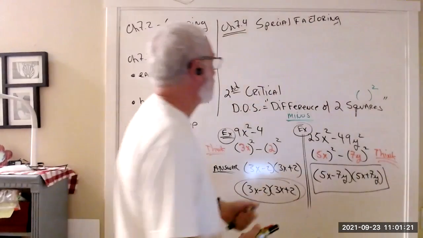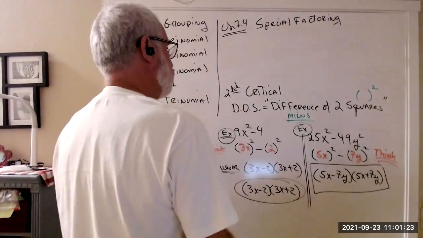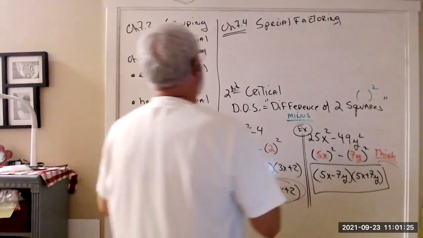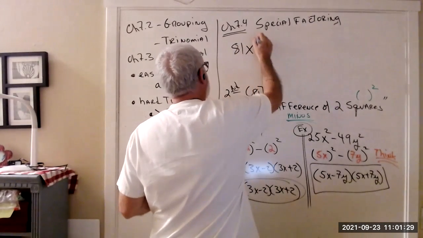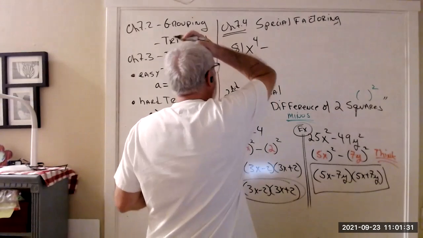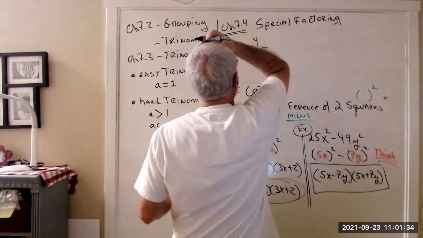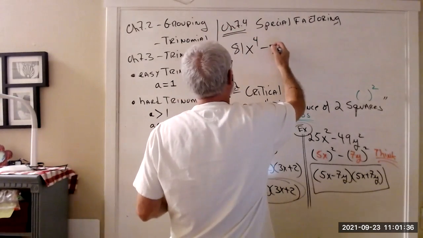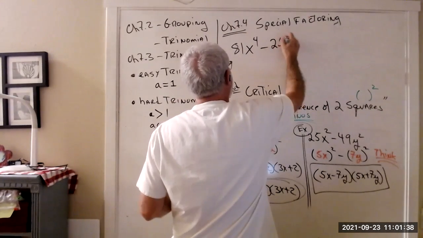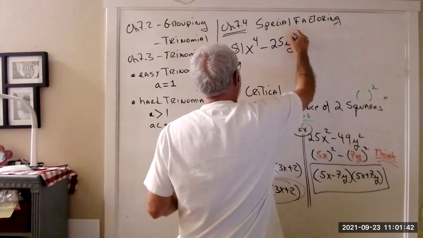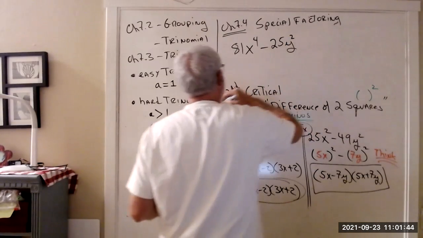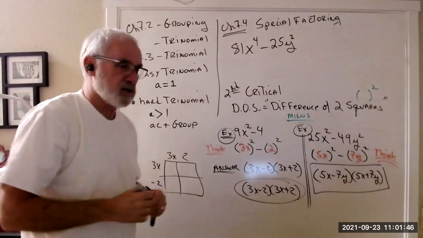What do I want? 81x to the fourth minus 25y to the second. We'll leave it at that. Go ahead, take a second to work that one out.